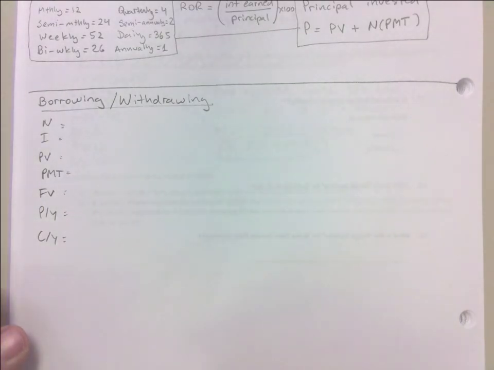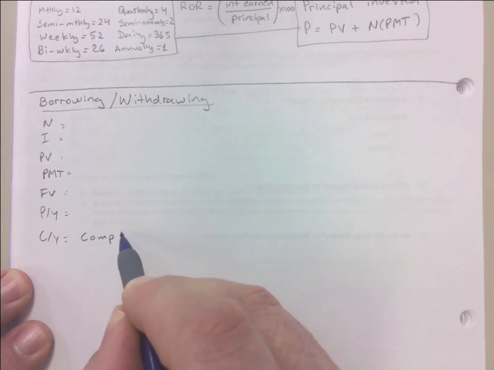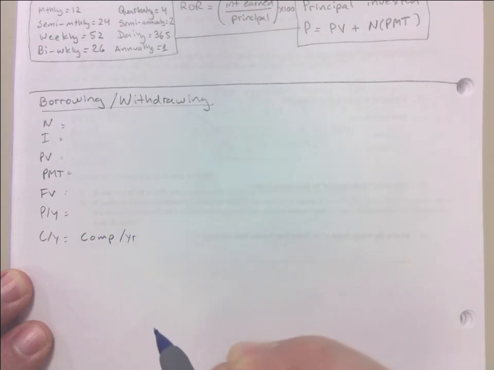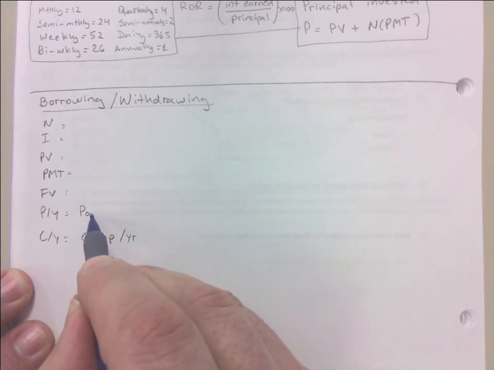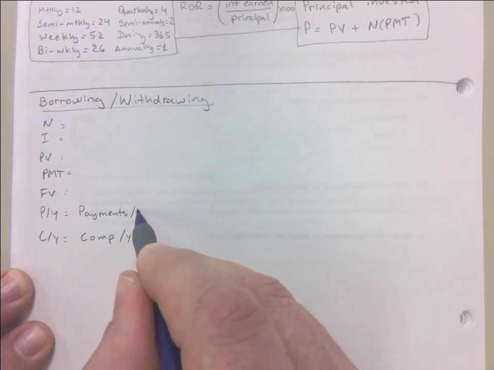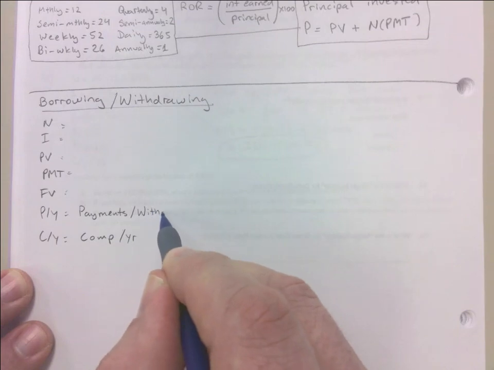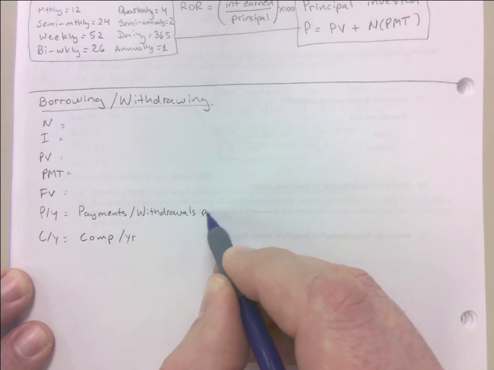Okay. I think CY is the same. Compounding periods per year doesn't change. PY is payments/withdrawals per year.